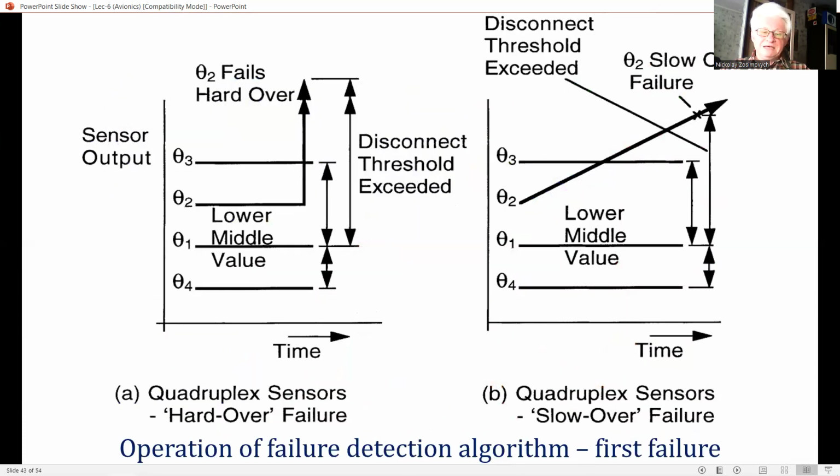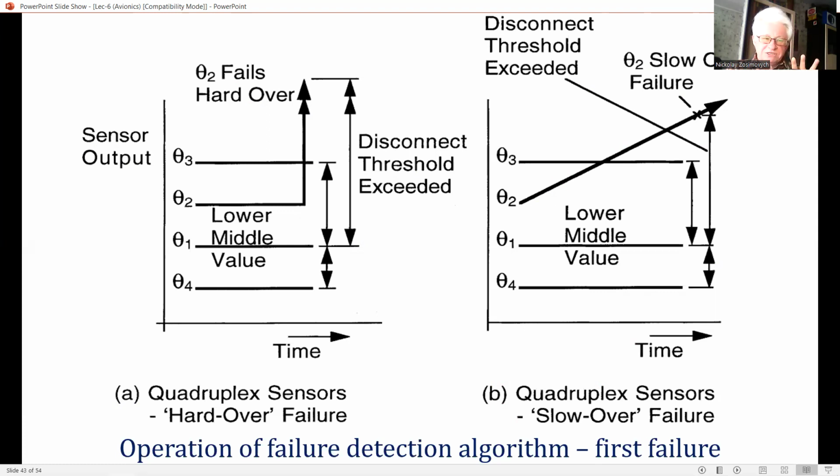For example, suppose full-scale sensor output is 100, and the normal sensor tolerance is plus or minus 0.5%. The disconnect threshold is generally taken as 1.5 times the maximal signal variation, and in this example would thus be equal to 1.5.